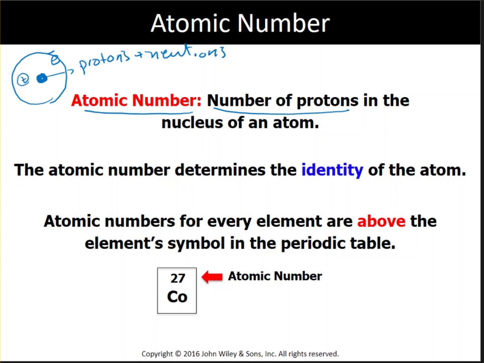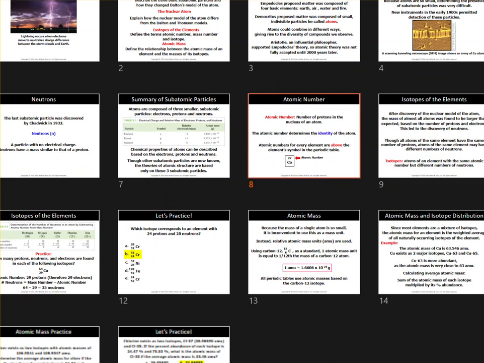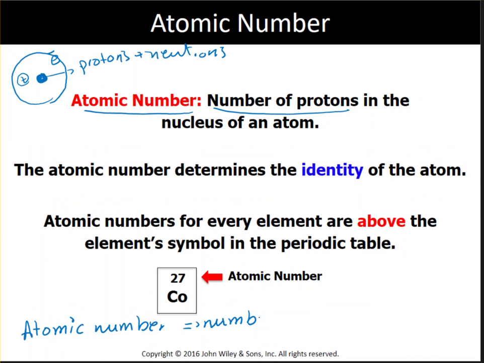So the atomic number, which is the number of protons, we can find it from the periodic table.